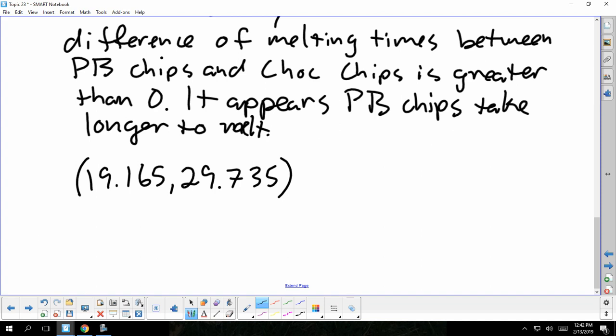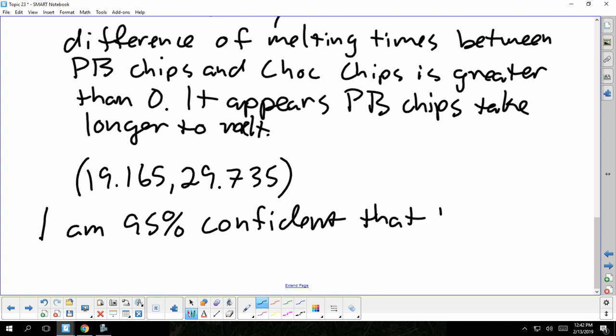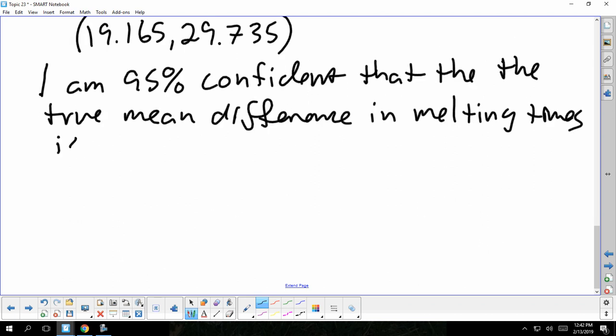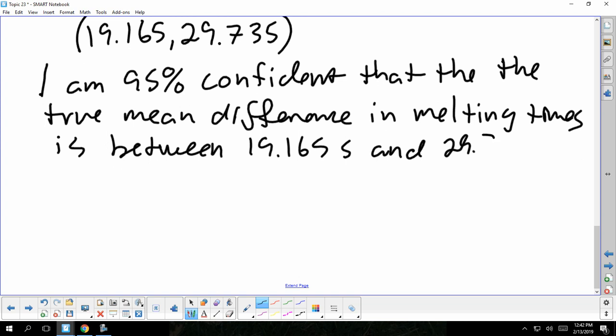So I am 95% confident that the true mean difference in melting time is between 19.165 seconds and 29.735 seconds.